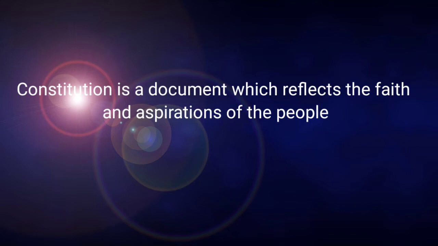Based on those aspirations, the framers included ideals like liberty, freedom, equality, justice. It may be economic justice, social justice, political justice. So all these ideals were mentioned in the Constitution.